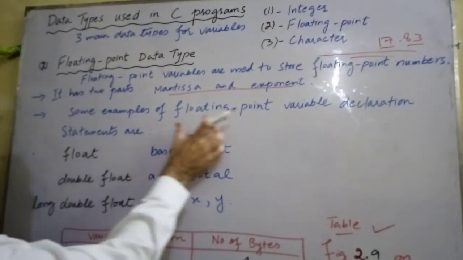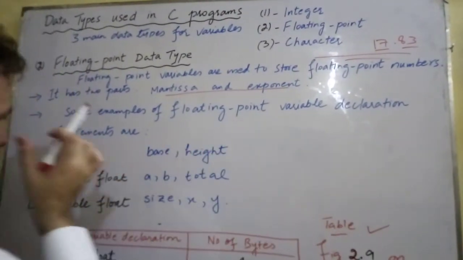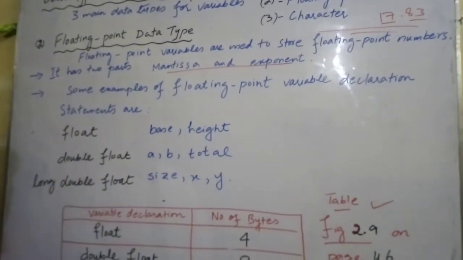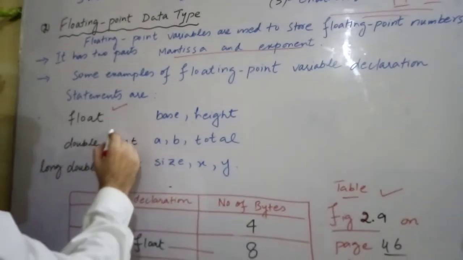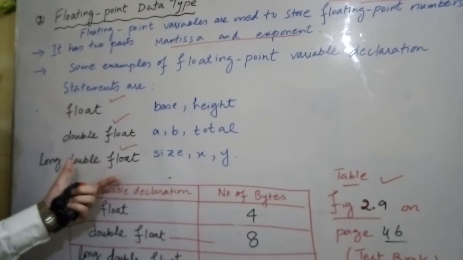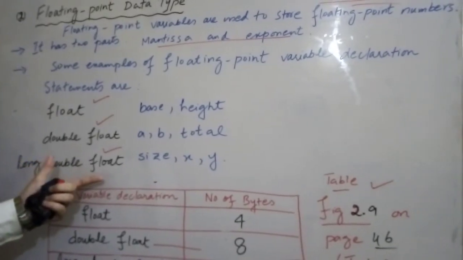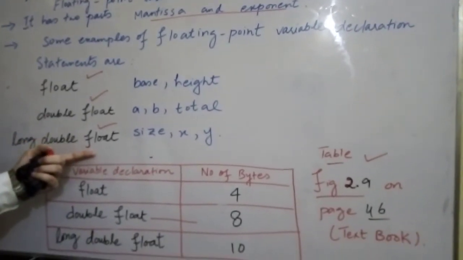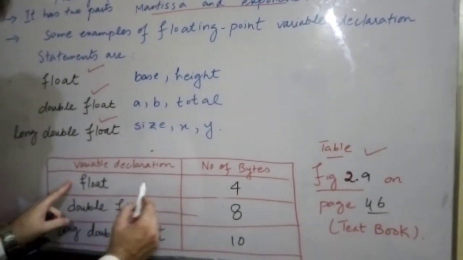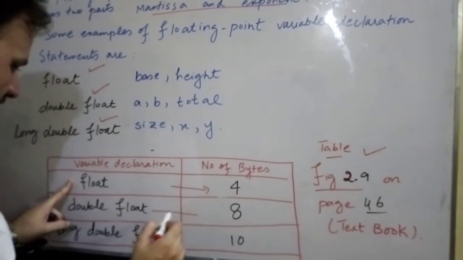Some examples of floating point variable declaration statements: there are three declarations in floating point. First float, second double, and third long double. These three floating point variable declarations are used to store float data. The difference is that float contains 4 bytes.